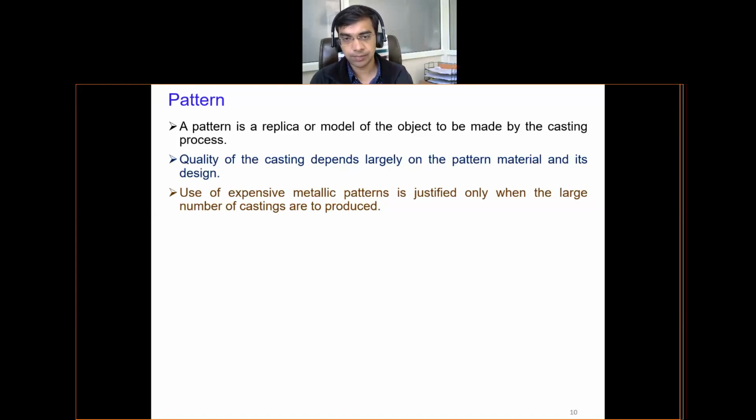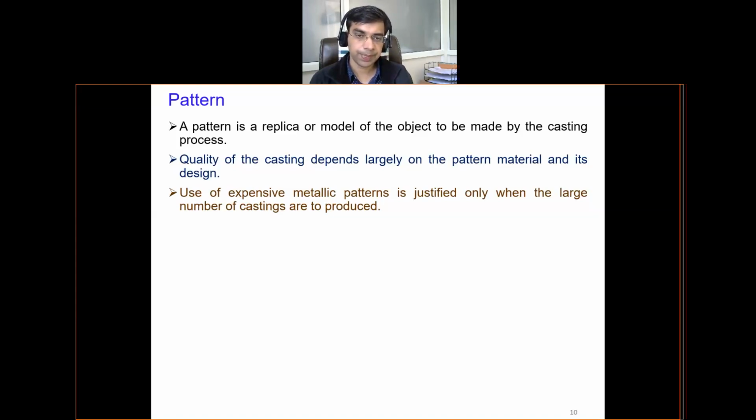So you will incur a cost to produce that pattern. The cost incurred to produce a pattern has to be justified by the number of castings that pattern can produce, because every time we create a mold in the sand, we will be using the pattern.